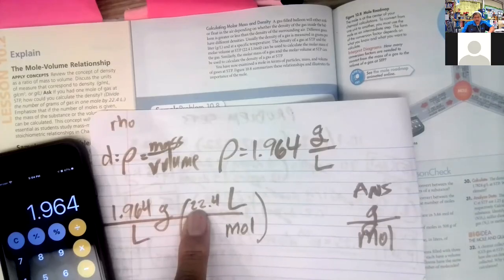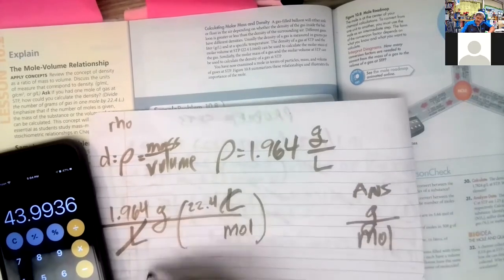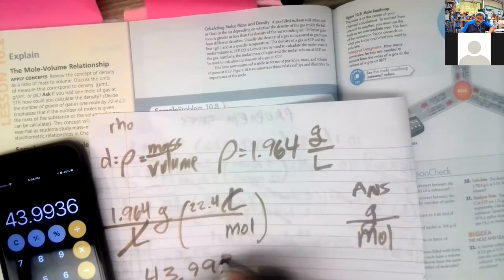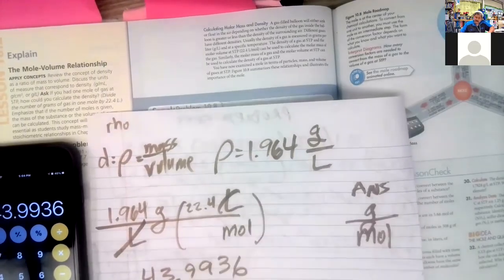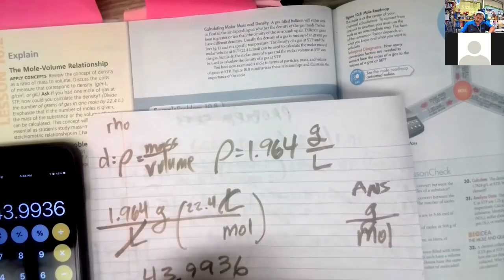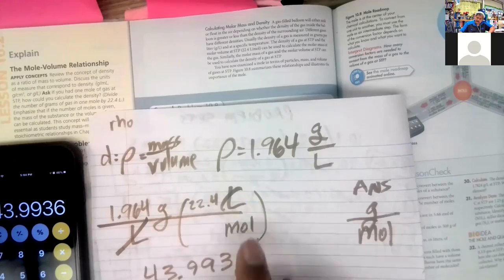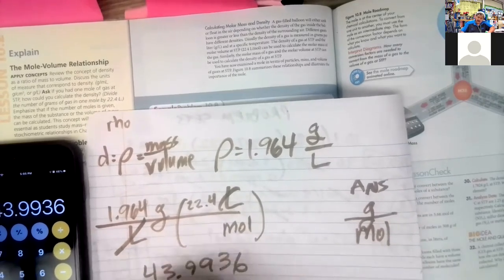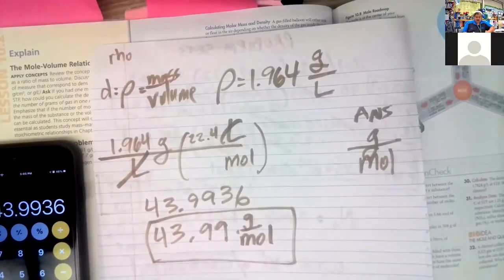So 20 times 2 is 40. My answer should be a little over 40, 43.9. So L's cancel. My answer makes sense. It is 43.9936. And I have 4 significant numbers right there, 4 sig fig. So my answer is going to be 43.99 grams per mole. Box that answer. Work is shown here.